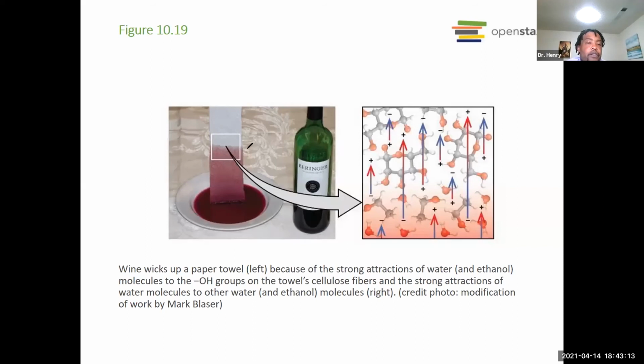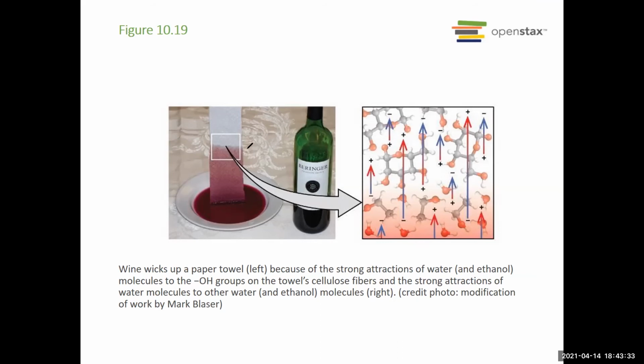So why is it that we're able to sit there and soak up wine in a paper towel? You put a paper towel on it, it soaks up in it. Why? Because of a strong attraction to water, right?